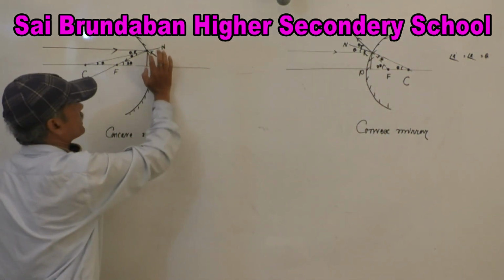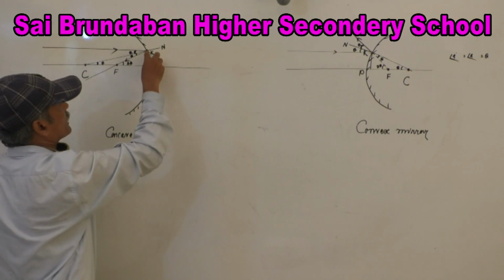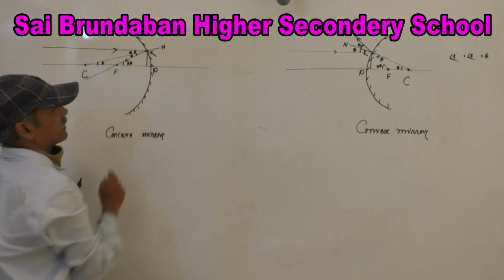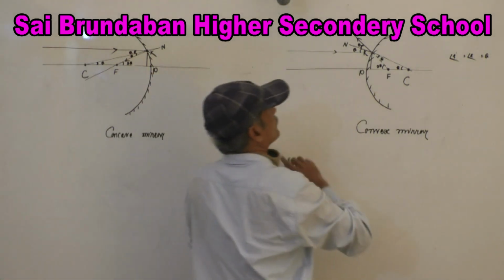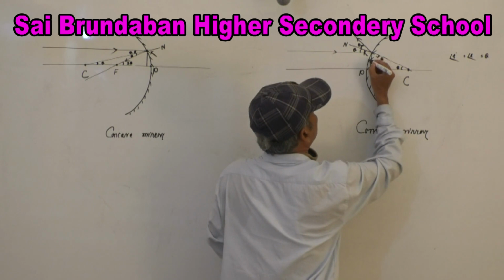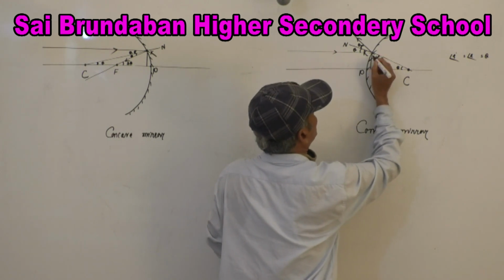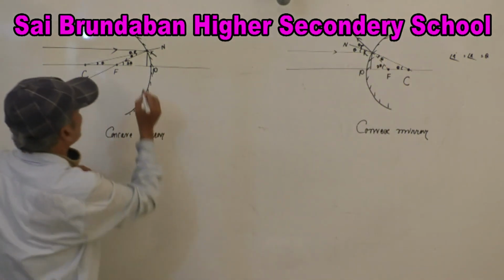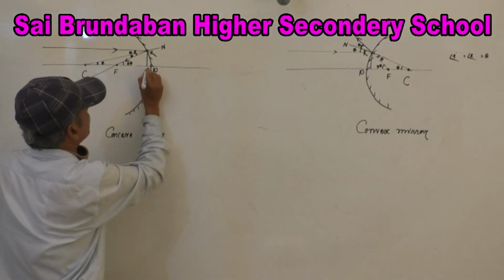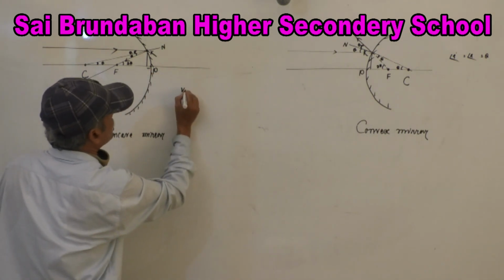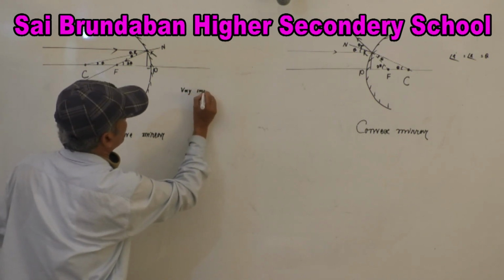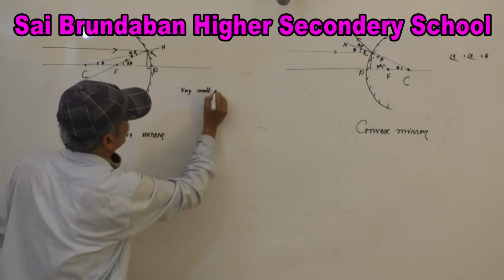So instead of this arc as KP, we are calling this KP. Why? Because this gap, this distance is very small, very small gap.